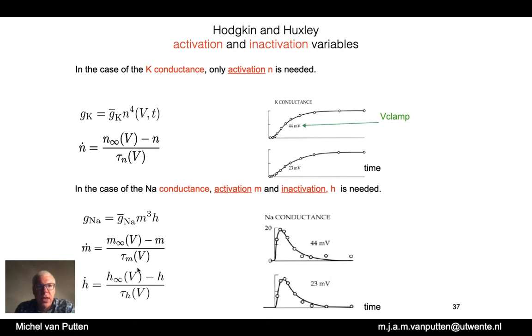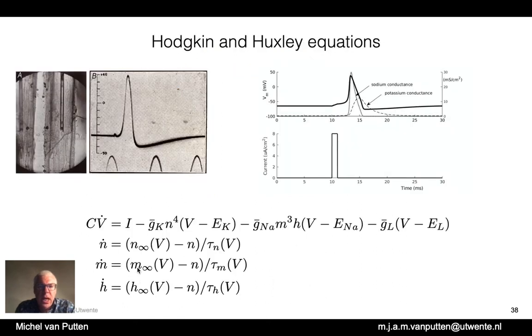And once more summarized on this slide. So in the case of the potassium conductance, we only have an activation gate, which is N, and in the case of the sodium conductance, there's an activation and inactivation gate called M and H respectively. And if you combine all this information, then we arrive at the Hodgkin-Huxley equations.